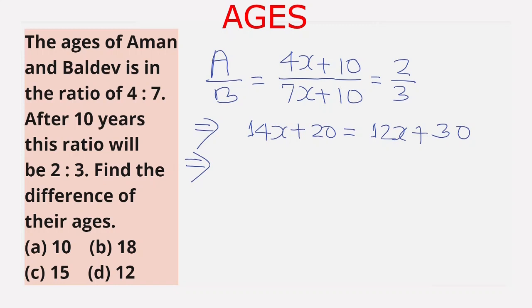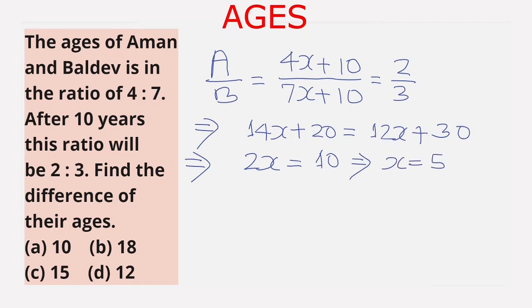We transfer 12x towards left and 20 towards right hand side, and we get 14x minus 12x equal to 2x, and this is equal to 30 minus 20 is 10, giving us the value of x equal to 5.